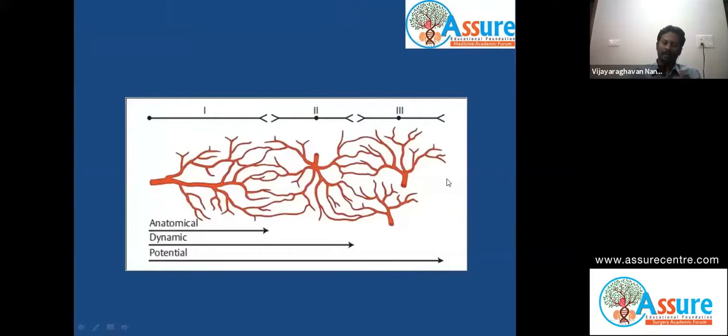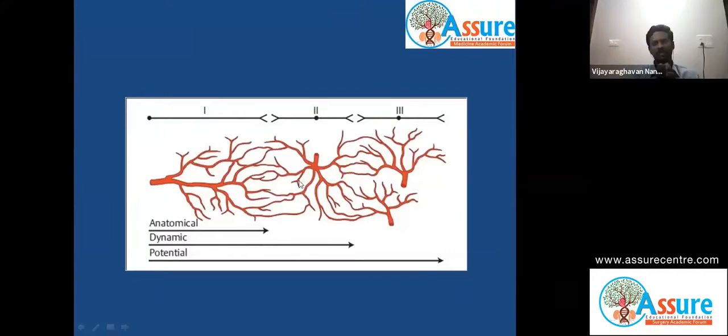For example, if you base a flap on this artery, the dynamic territory is the communications between the adjacent angiosome.